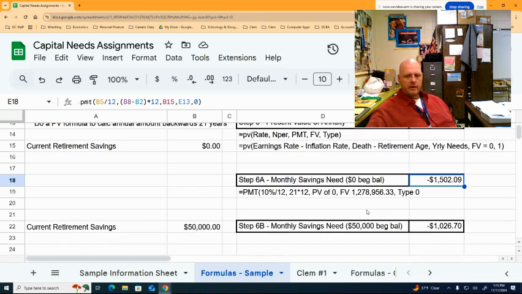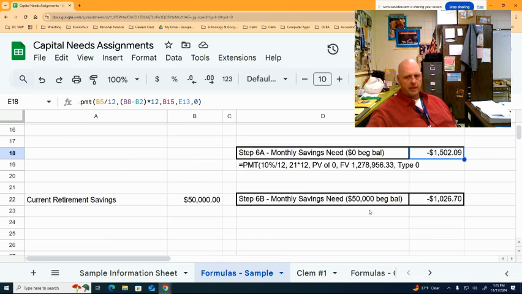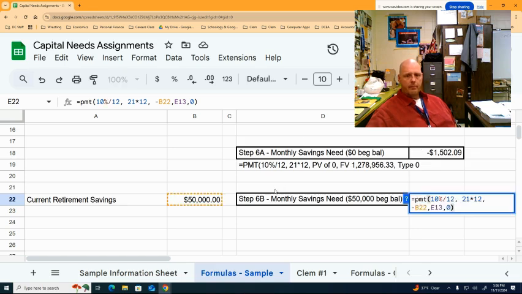Now, I put this one down here. This is not part of your problem, but I just threw it down there to say, well, what if she did have some money? What if she did have $500,000, 50, sorry, not 500. What if she's got $50,000 sitting in a 401k, Roth IRA, whatever, individual IRA? She's got a pile of money that can be either rolled over or can be started with as we start to compound, right? Math is still the same. 10% divided by 12, 21 times 12.